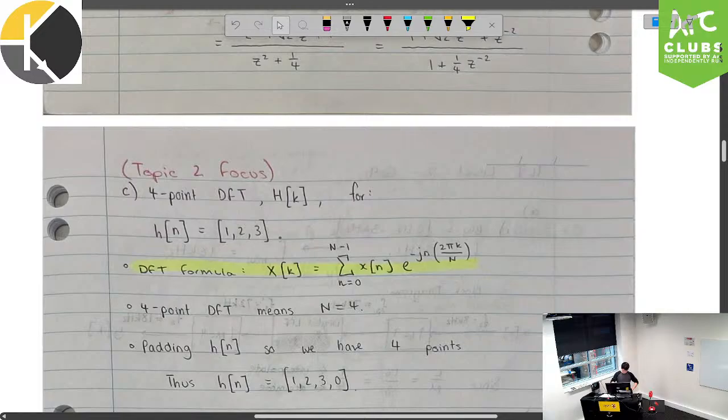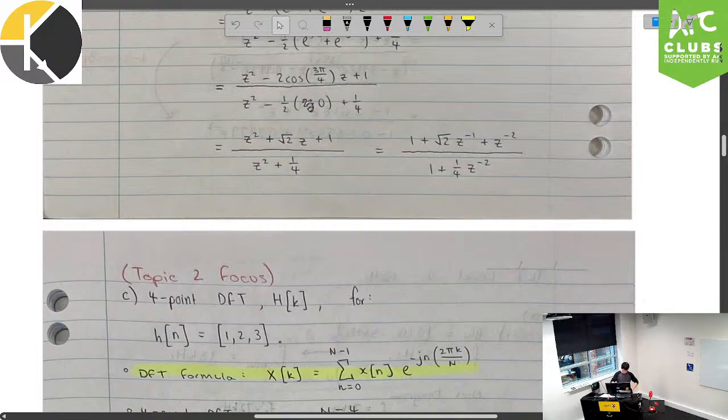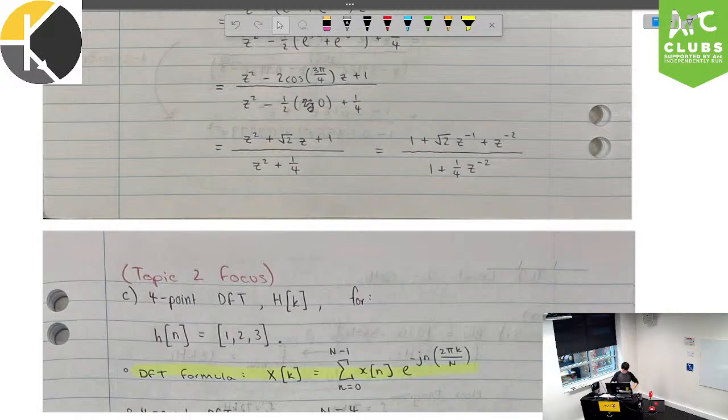So let's just recall the digital Fourier transform formula is given by X(k) is equal to the summation from 0 to N minus 1 of x(n) e to the minus j n 2 pi k on big N. Now, just to remember, as our digital Fourier transform is a periodic function, it is something we need to consider that it is only between 0 and big N minus 1, where N is your period number.